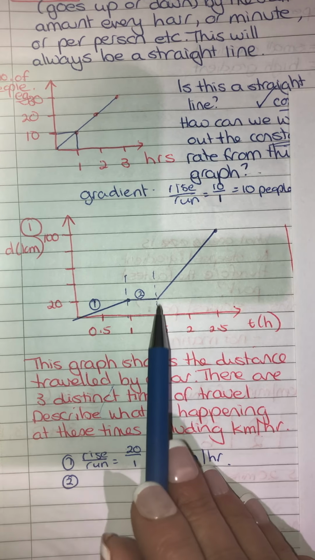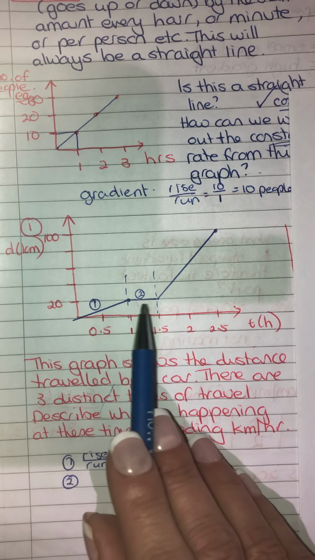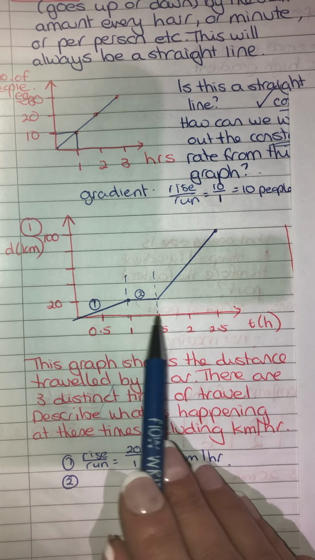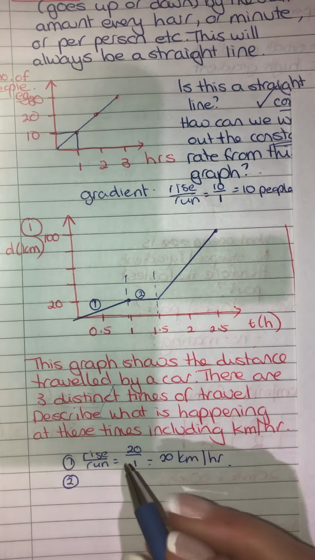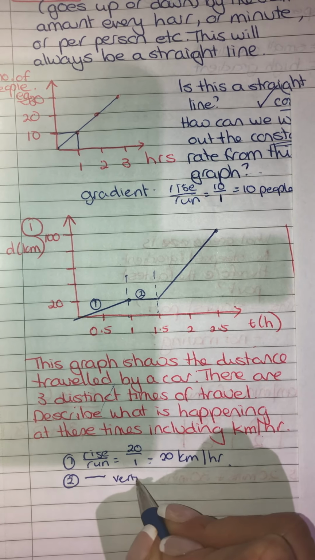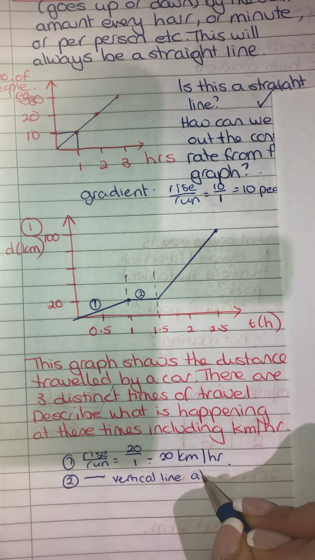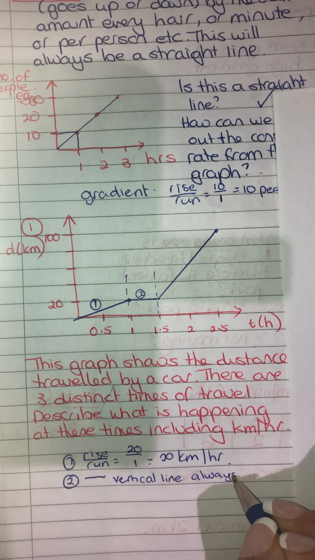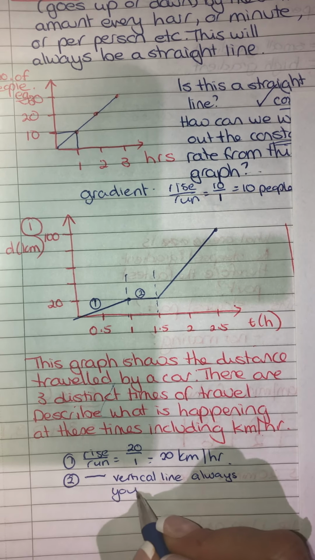After 1.5 hours, you're still 20k from home. So a straight line that is horizontal means time has gone past, but you've not gone anywhere. So section 2 is like this. We might write horizontal line, and that always means that you haven't travelled anywhere. So you have stopped.